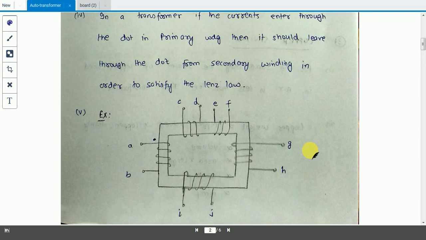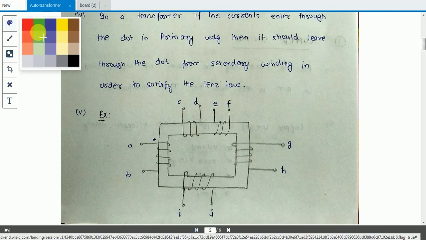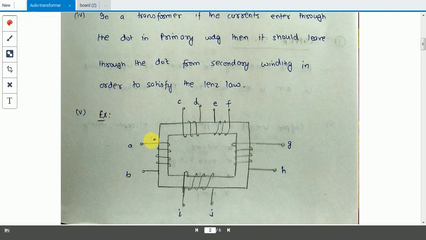Now this is a small example in which only one dot is given, and you have to provide the dot conventions of all the other windings. When I upload the video, you can comment below on which ports the dots will come. Just apply the right hand screw rule.